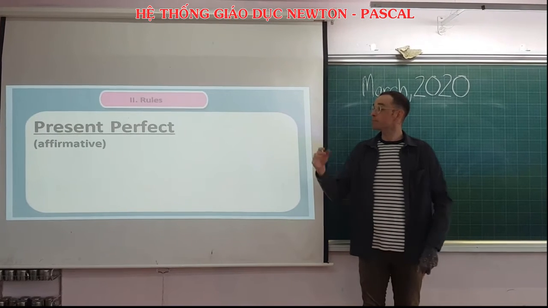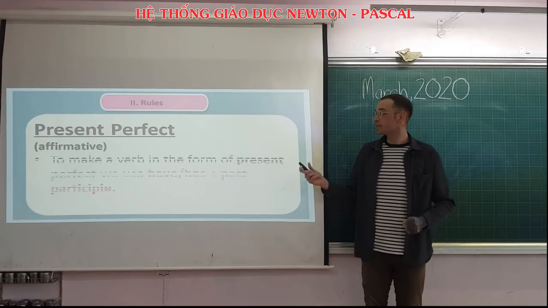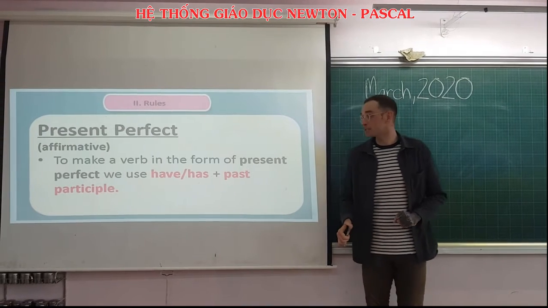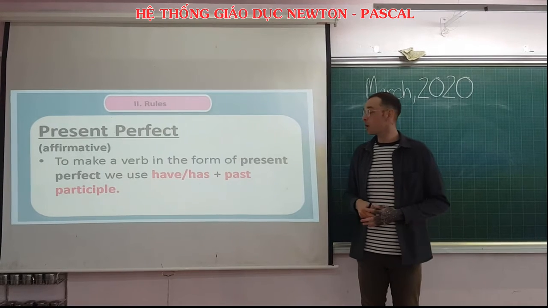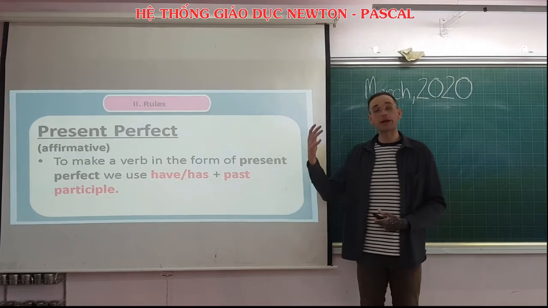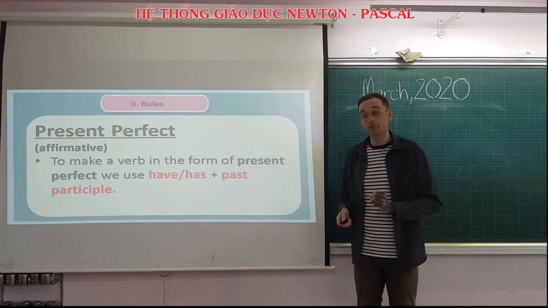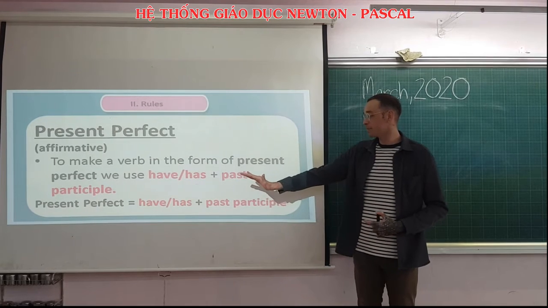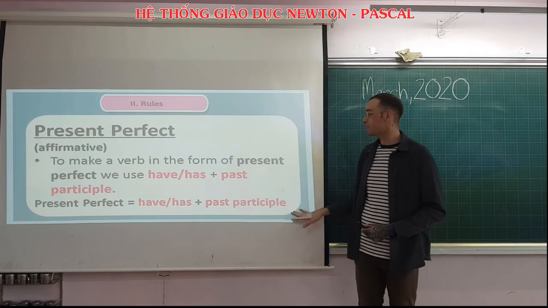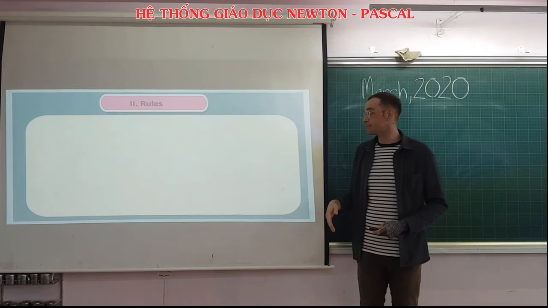So we can use present perfect for both affirmative and negative statements. Let's take a look at affirmative statements first. To make a verb in the form of present perfect, what we need to use is either have or has plus a past participle. Okay? So present perfect equals has or have plus the past participle, and this is for affirmative statements.